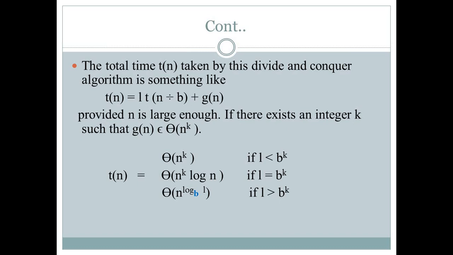Here our solution is from the equation T(n) is equal to a T(n divided by b) plus f(n). So that is the equation of the divide and conquer technique, and these are the cases for finding time.